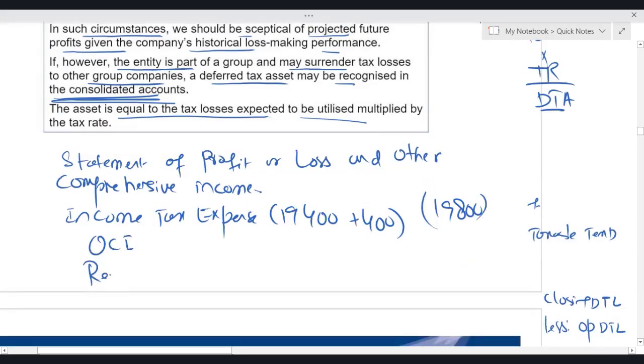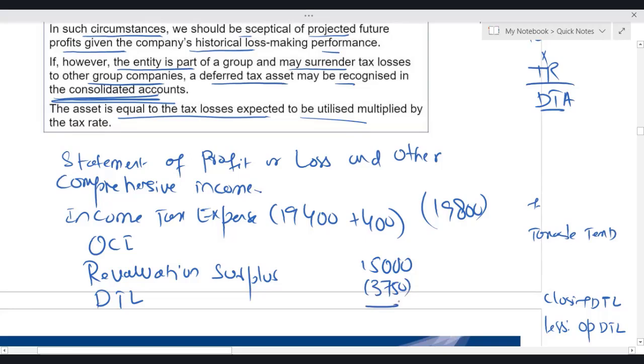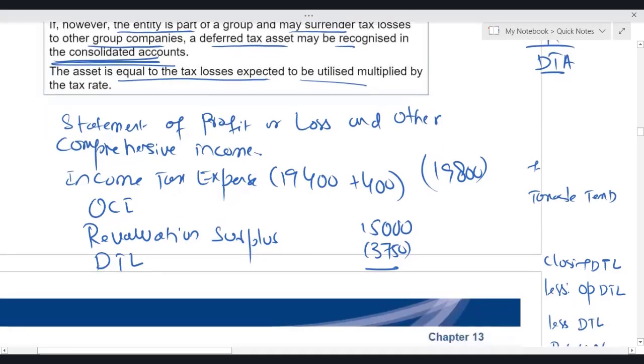Other comprehensive income, OCI. In the current year, the company has recognized a revaluation surplus of 15,000. But from this 15,000, the deferred tax liability, which we have calculated, 3,750, will be deducted. So revaluation in the current year is 15,000, and relating to this revaluation, there is a liability of 3,750.